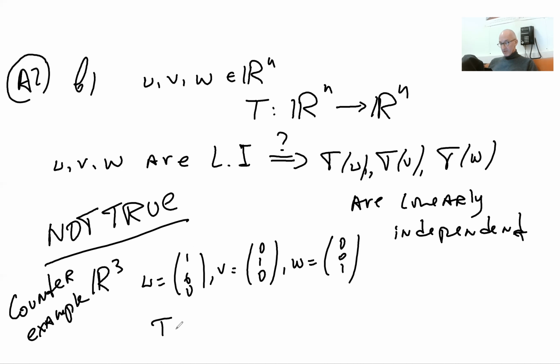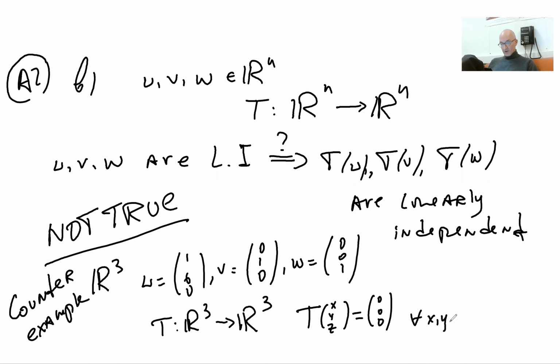And let's take a linear operator from R3 to R3, such that T of (x, y, z) is just the vector (0, 0, 0) for every x, y, z. This is a nice linear operator. It maps all vectors to 0.